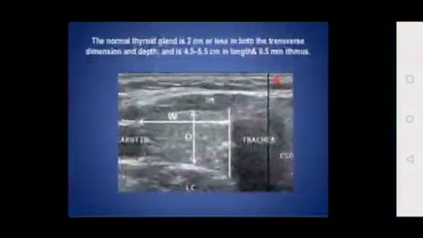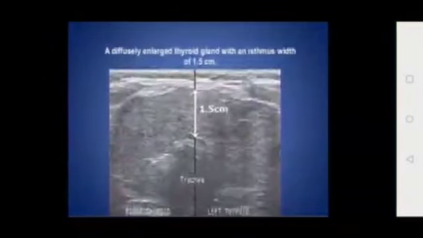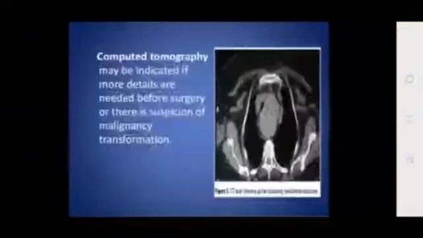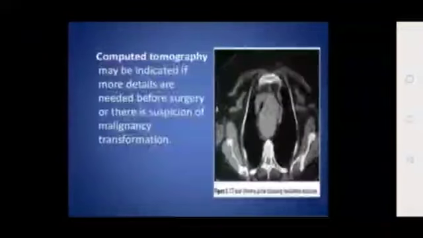The normal thyroid gland is 2 cm or less in both transverse dimension and depth, and is 4.5 to 5 cm in length, with the isthmus 0.5 cm. Here is a diffusely enlarged thyroid gland with an isthmus width of 1.5 cm in this ultrasound scan.